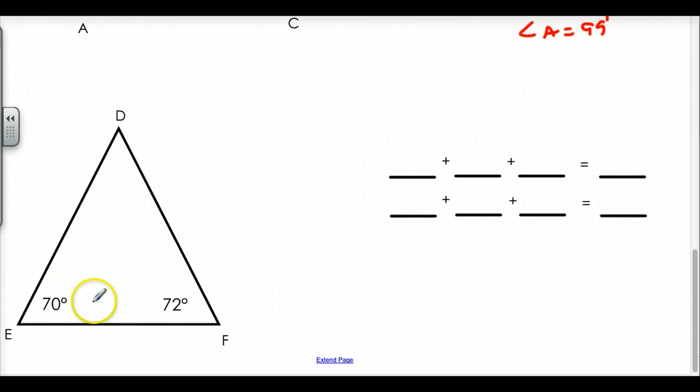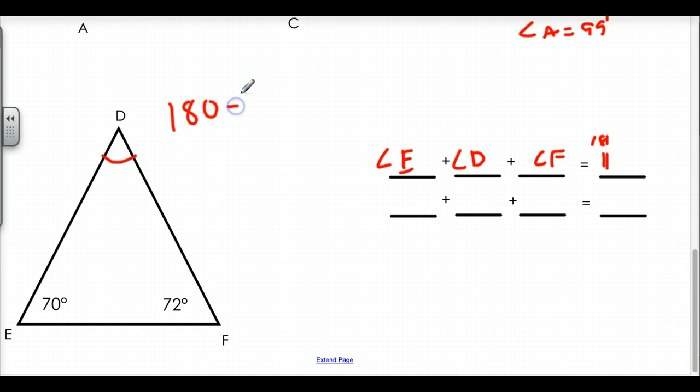So let's try this technique. In this case, I know two angles, and I want to find angle D because it's missing. I know that angle E plus angle D plus angle F is equal to 180, and I could do it the way I just showed you, but let's work with it this way. I'll just do 180 minus 70 minus 72.